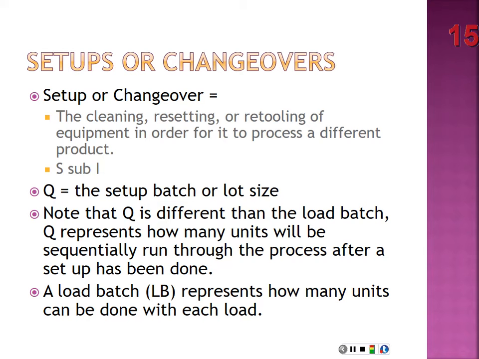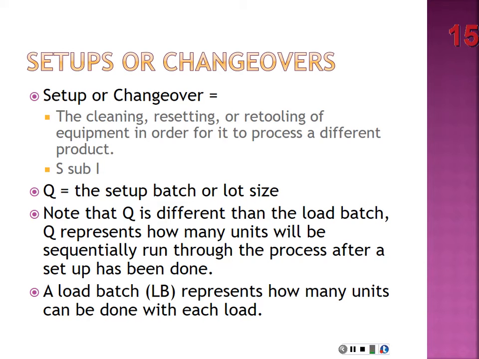So you can set up and you can run multiple batches across it. Your batch size is how many you can do at one time, and your setup size is how many of those units you are going to do before you change the setup, and they're not one and the same typically.